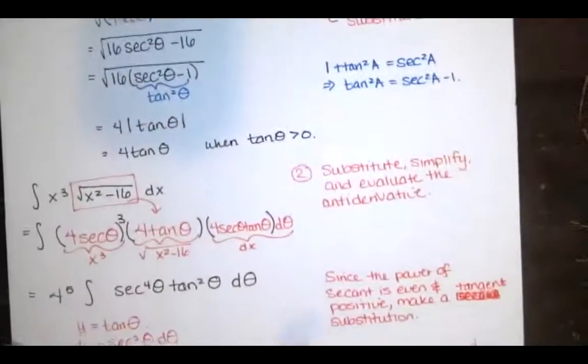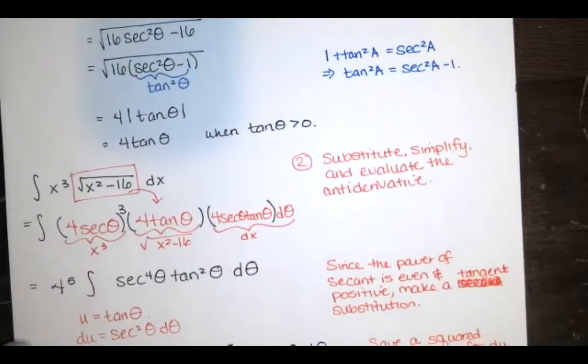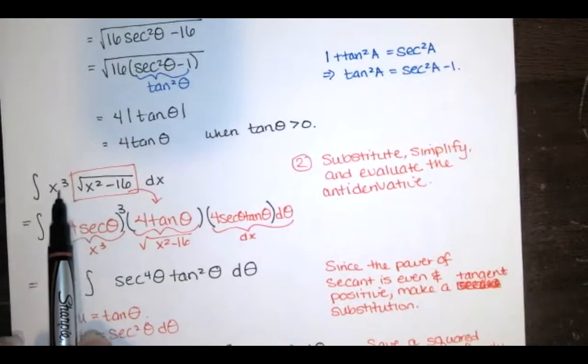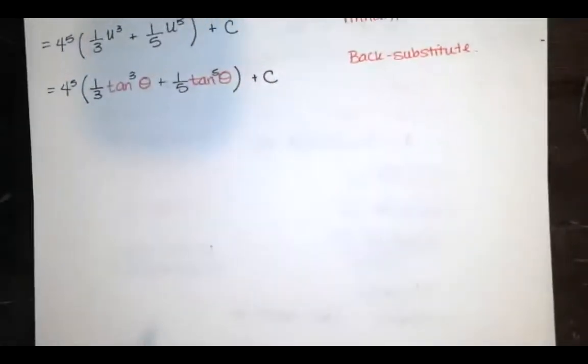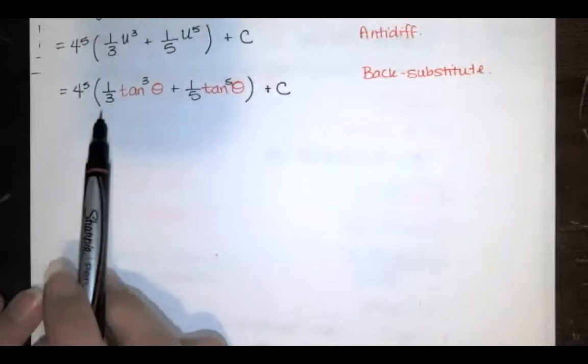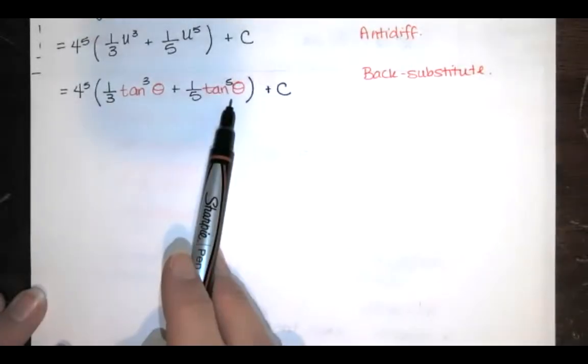And so we were able to say that this is equal to this, and through the substitution we were able to get all the way down here, and this is our answer.